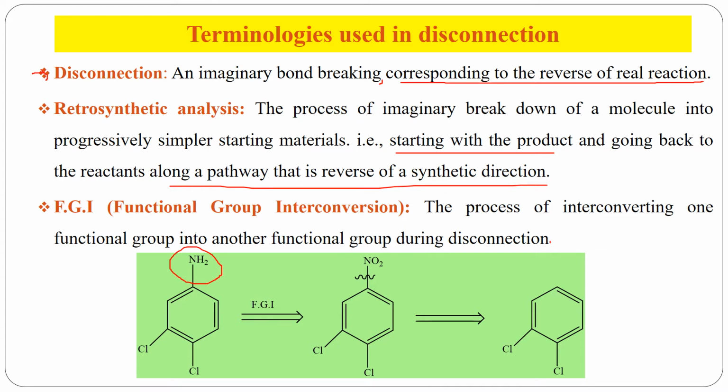We don't disconnect it at the start, but by using FGI it is converted into a nitro group, and we all know that it is easier to add a nitro group on aromatic compounds as compared to the NH2 or amino group. So the first step is FGI.